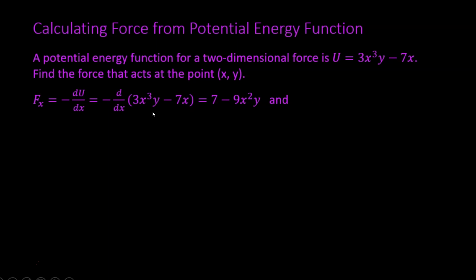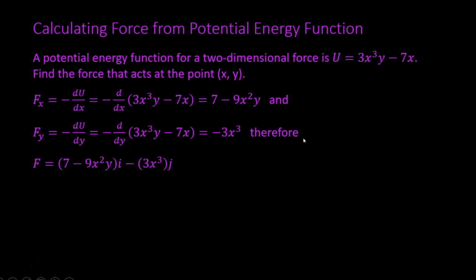So we differentiate this expression with respect to x, and we come up with 7 minus 9x squared times y. Then we have to evaluate the y component of the force. We're taking the derivative of the potential function with respect to y, and of course the force is equal to negative that. We're left with the y component of the force being negative 3x cubed.